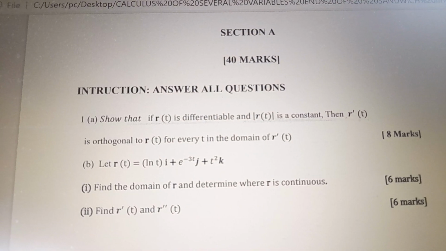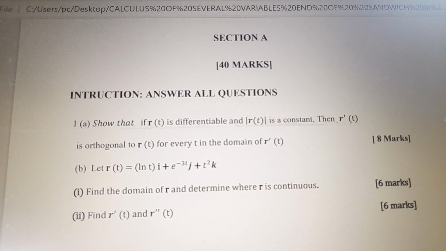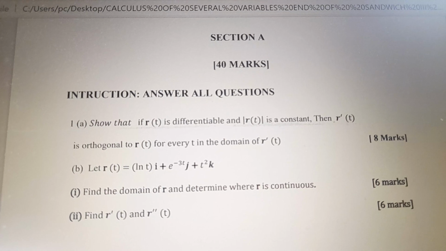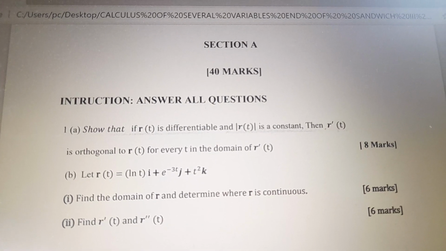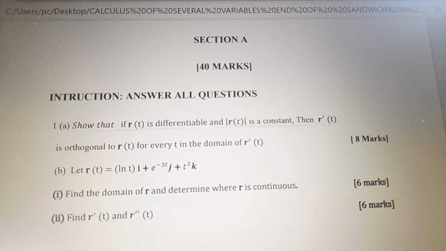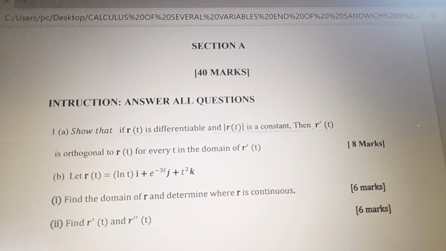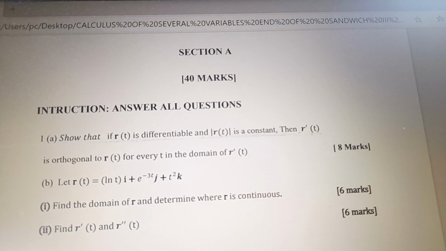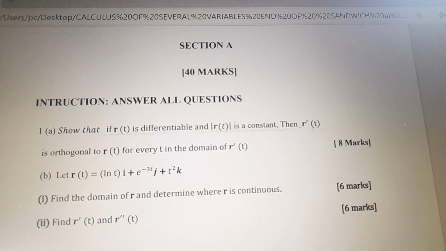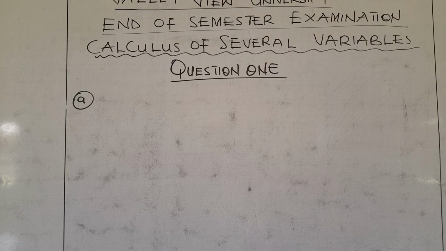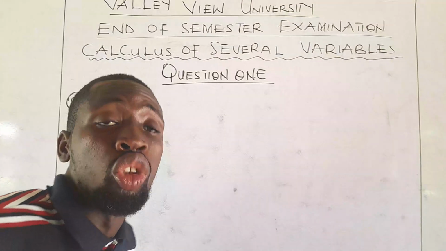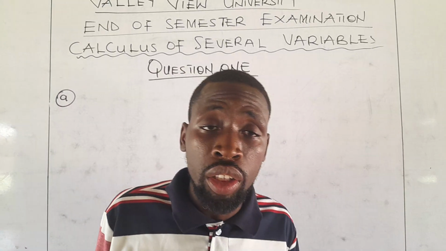Question 1A says we should show that if R of t is differentiable and the magnitude of R of t is constant, then R prime of t is orthogonal to R of t for every t in the domain of R of t. This question is worth 8 marks. It is on the dot product of vector valued functions.